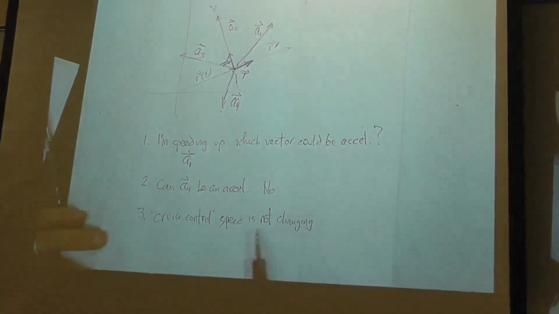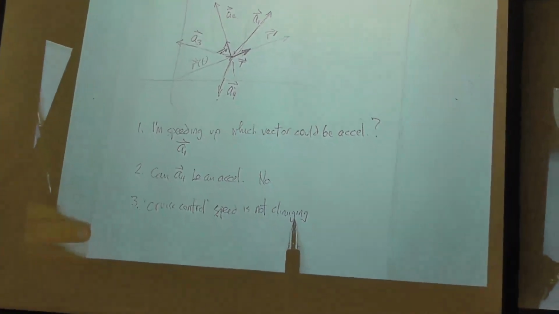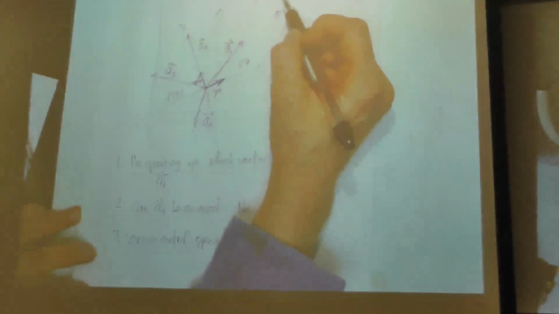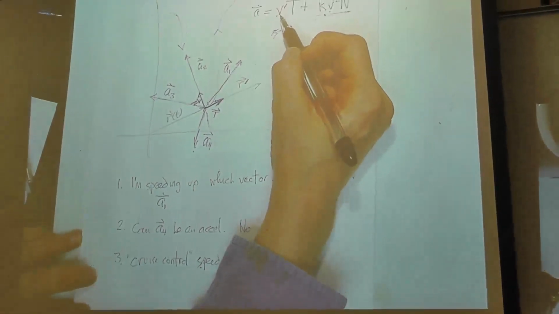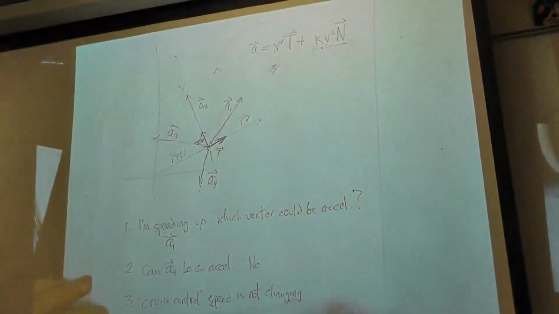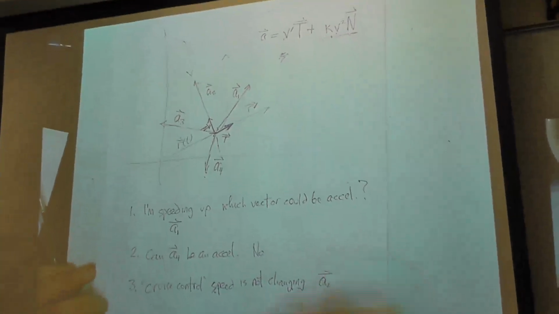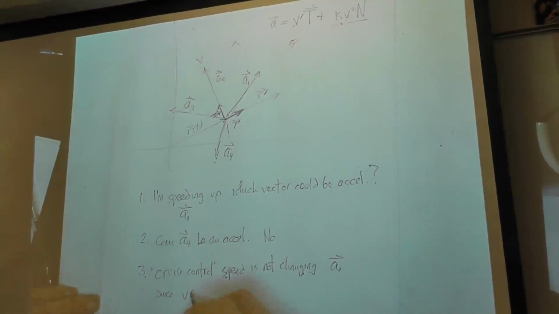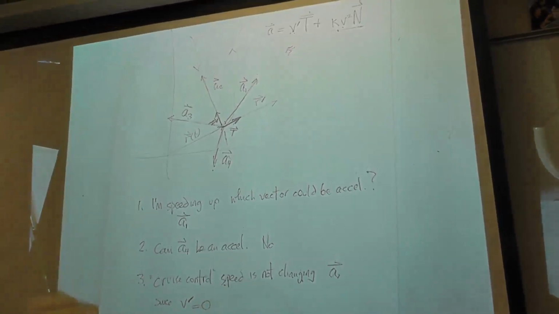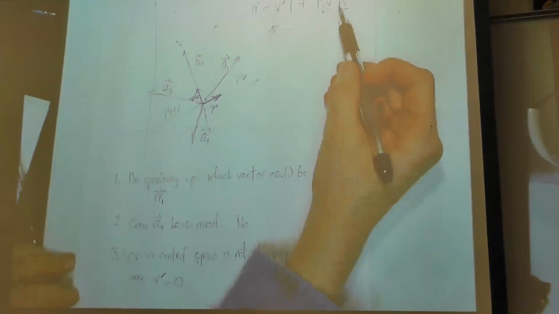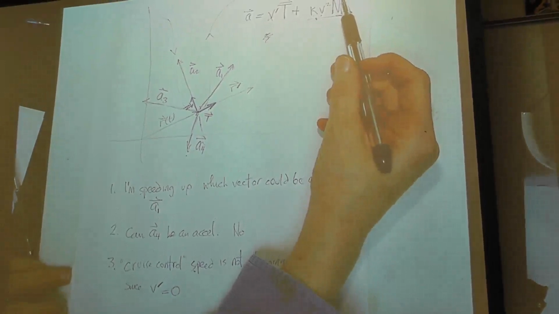And if I tell you that speed's not changing, which vector? A2. It's got to be A2 because that component in the tangential direction is 0. So all of the acceleration is in the normal direction.